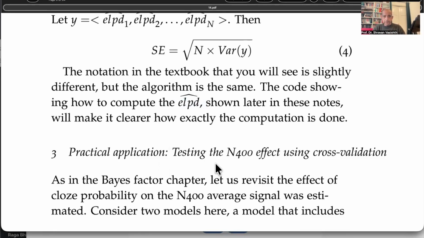So in the next part of this lecture, I'm going to talk about a practical application of this approach. We look at the N400 effect using a variation on cross-validation, which is called PSIS-LOO. So that's coming up next.